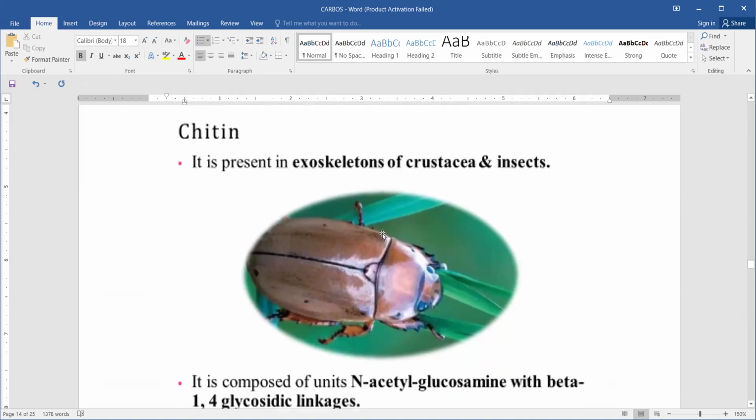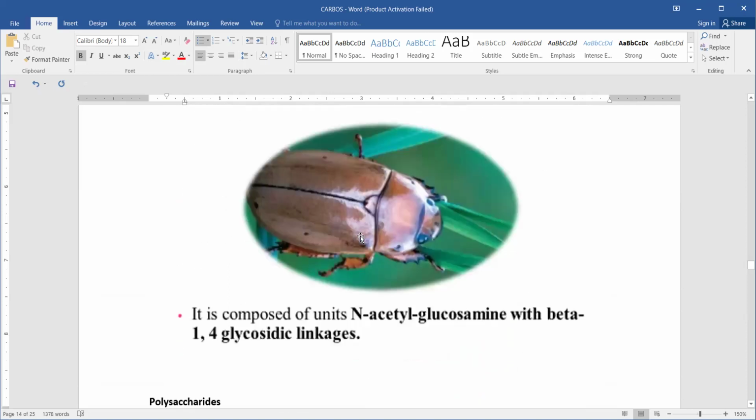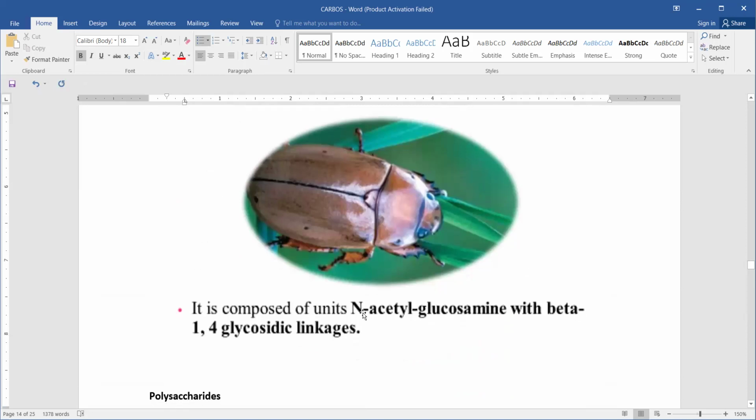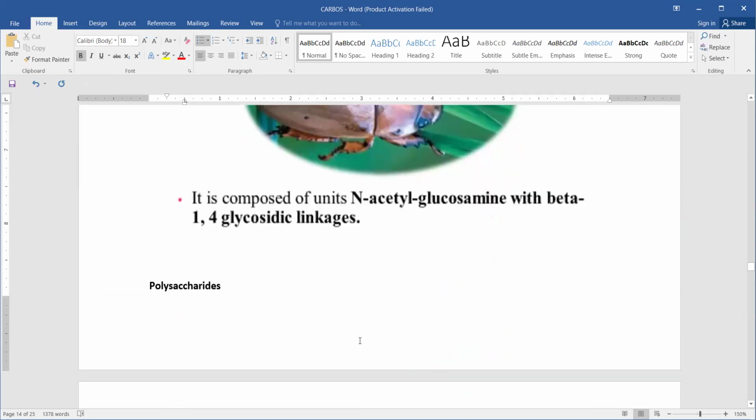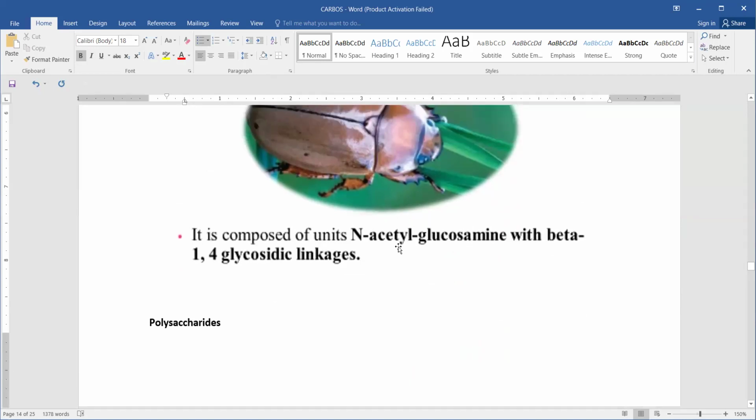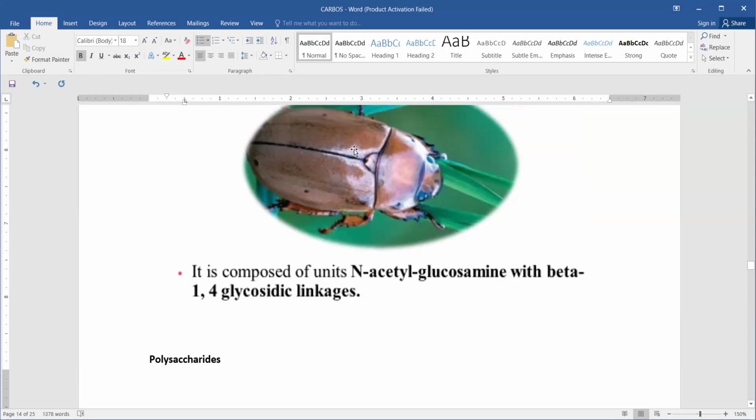The exoskeleton of crustacea is made up of chitin. Chitin is a homopolymer of N-acetyl glucosamine, and the bond is a beta 1,4 glycosidic linkage. Chitin is the exoskeleton of all the insects and crustaceans, so that helps the body of the insects.